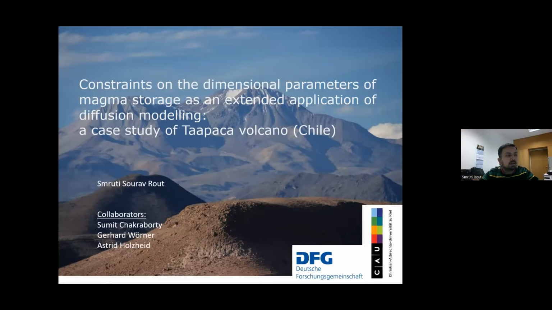Hi, everyone. So this talk will be about an extended application of diffusion modeling, which is to constrain the dimensional parameters of a magma reservoir in the context of Taapaca volcano in Chile.